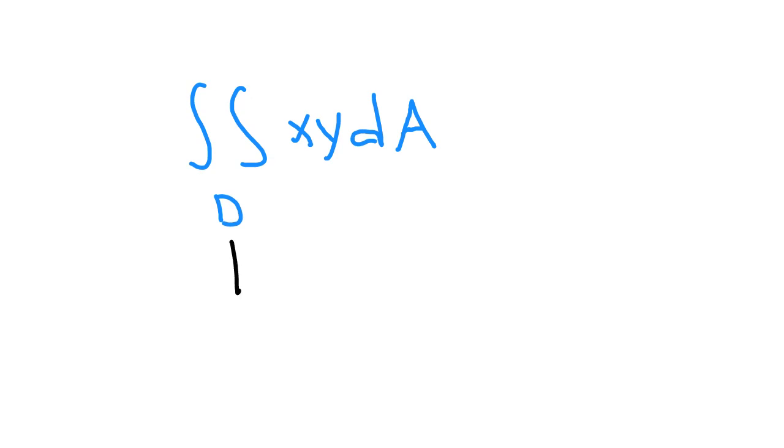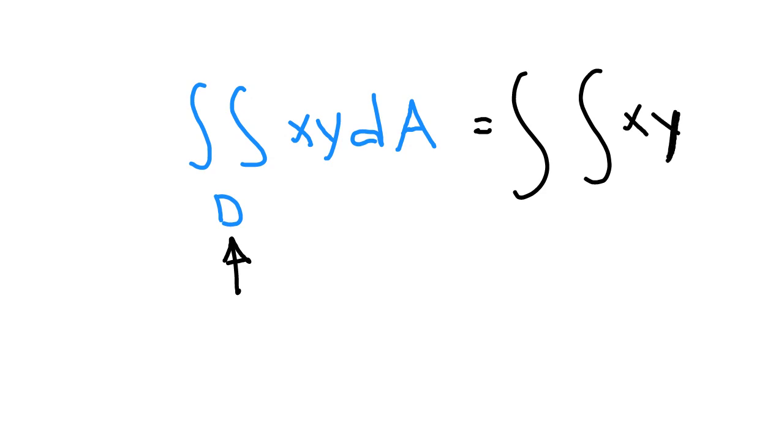First of all, we're going to have to draw a picture of our region D so that we can determine what the limits are. In order to get the answer, we need to figure out what our limits are going to be.